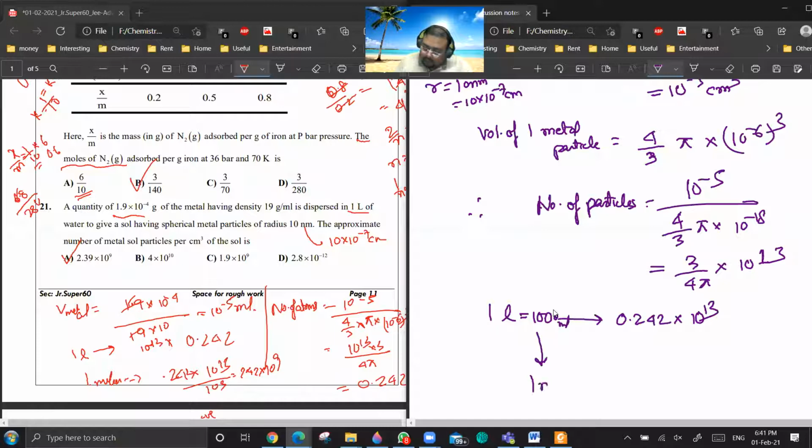So 1 ml of the sol will be containing 0.242 into 10 to the power 10, or 2.42 into 10 to the power 9 particles. Is it clear? Yes. Okay.